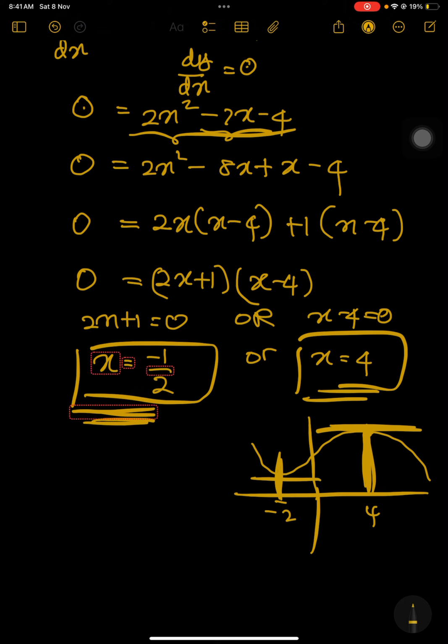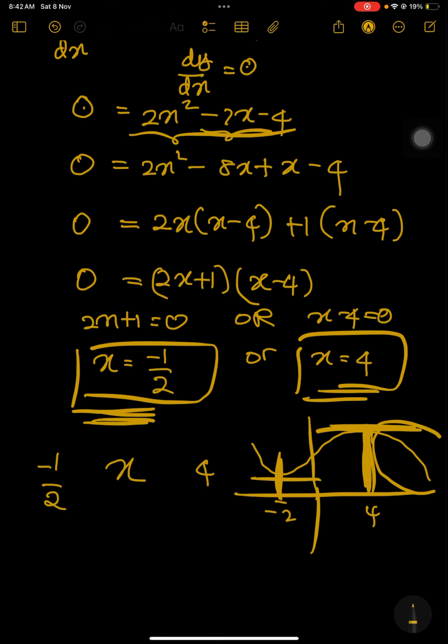So now how are you going to find where y is decreasing or increasing? We have a range, minus half to 4.